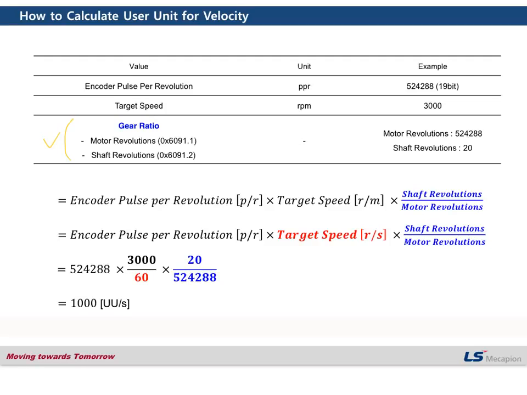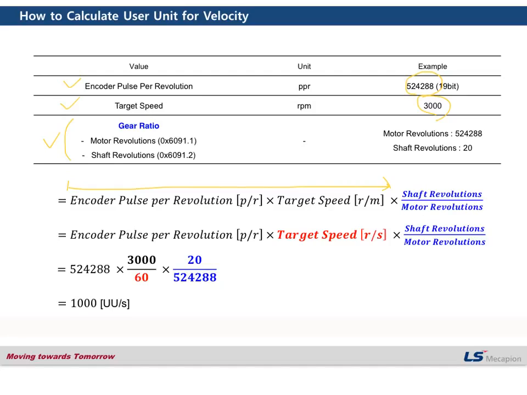In this example, we have the same encoder pulse per revolution and target speed, 3000 RPM and 54288 pulses. Let's see the formula here. Encoder pulse per revolution and the target speed, from here to here, it is the same.